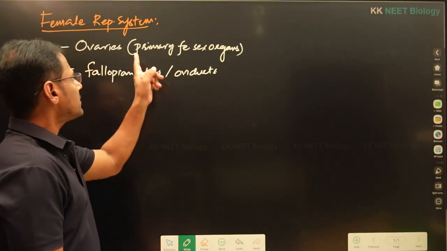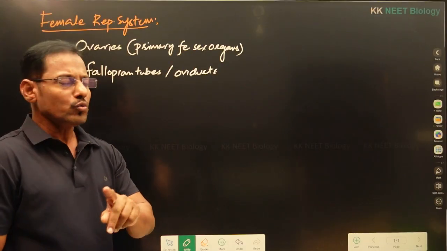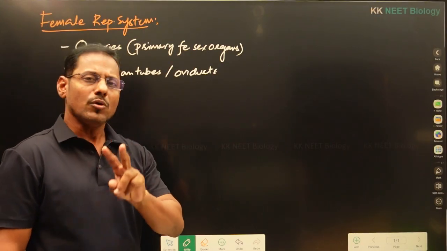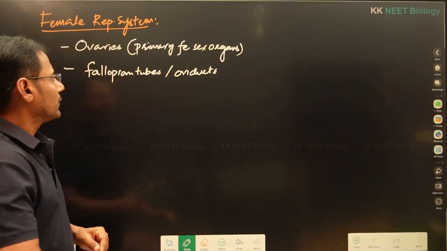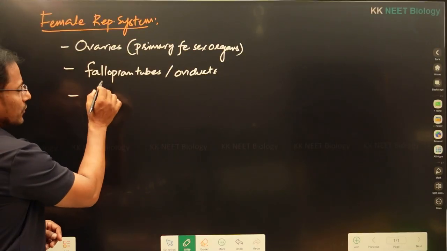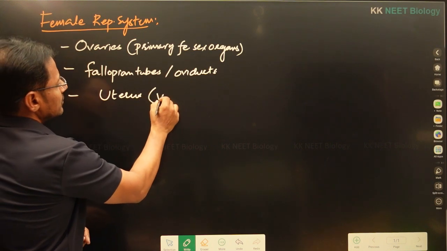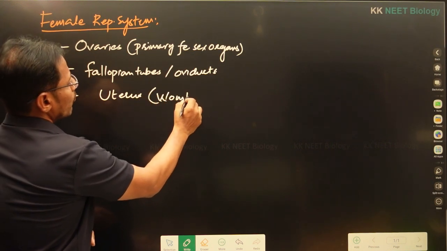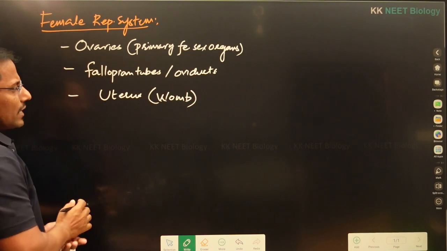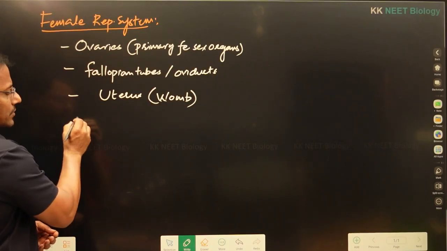They are paired in the sense that the ovaries are 2, and the fallopian tubes are also 2. After this, the uterus, which is also known as the womb.